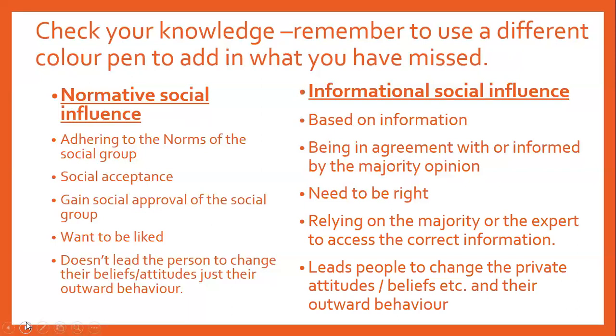It's going to change the way they think, their attitudes. So therefore, when you look at these 2 types of explanations, we can clearly see the difference in them. Now, remember, these are explanations. They explain why. They don't tell us which type or the level that they are conforming.